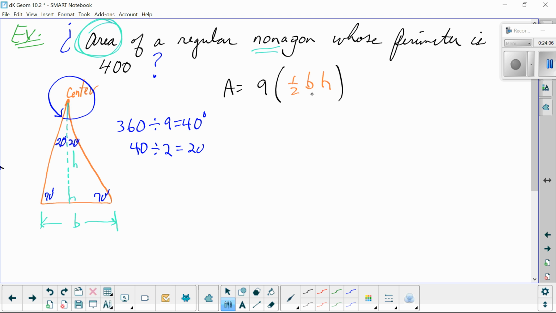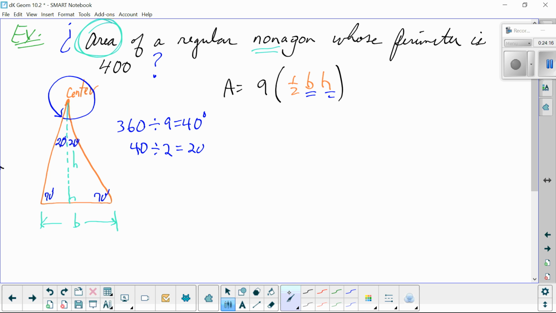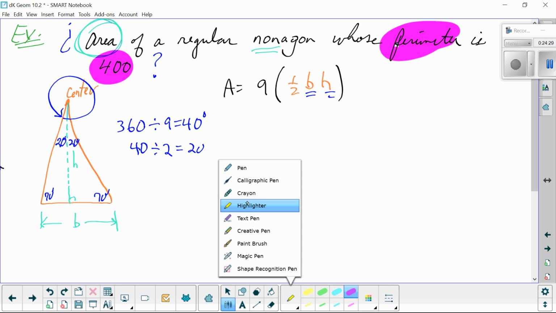All right, we need to know what the base is and what the height is, and then we'll be done with this problem. Well, in this problem, we're given the perimeter of 400. If it's a regular 9-gon, then there's exactly 9 congruent sides.